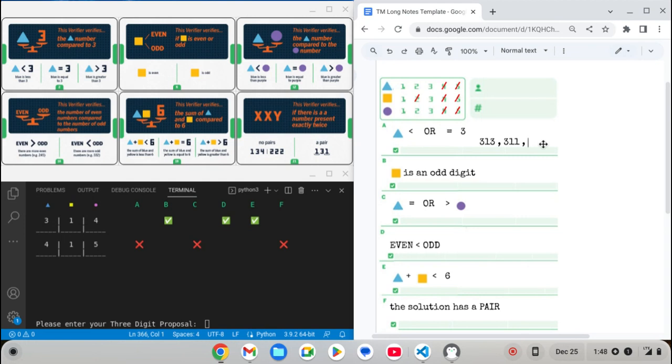What if you had, could you have 2? I guess you could have a 2, 1, 1 or 2, 3, 3. And what would distinguish them is, well, they would both be less than 3 for triangle.